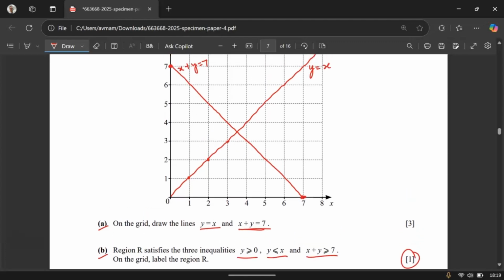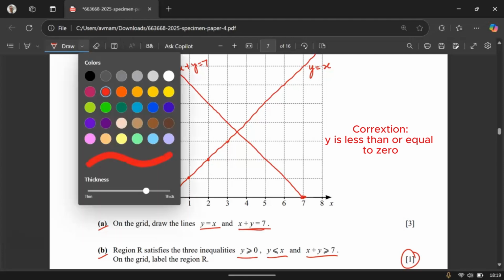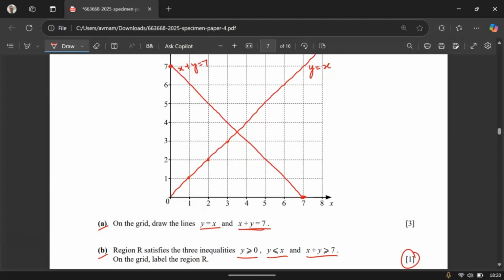If you think of the unwanted regions, you can easily find out where is the region R. So when y is greater than or equal to 0, the opposite of that will be y is less than or equal to 0. So that's going to be all the values of y below 0. Okay, below 0 down here.